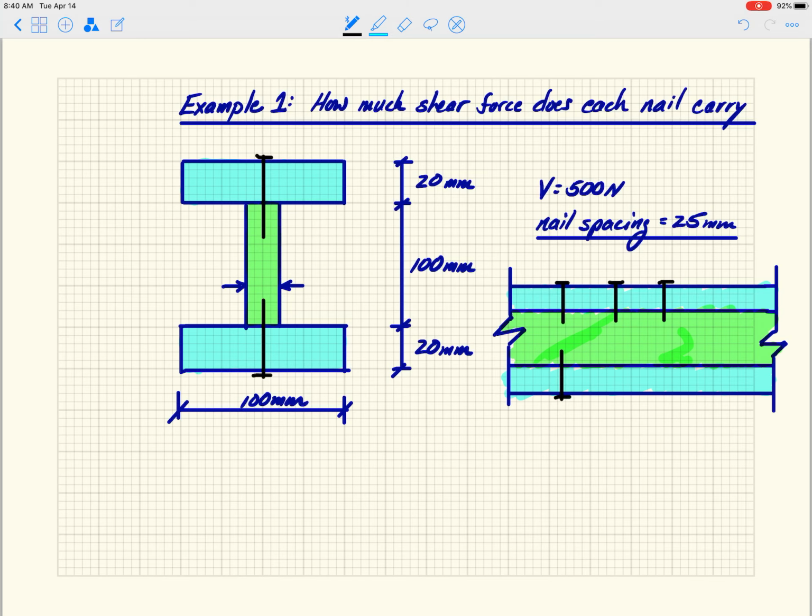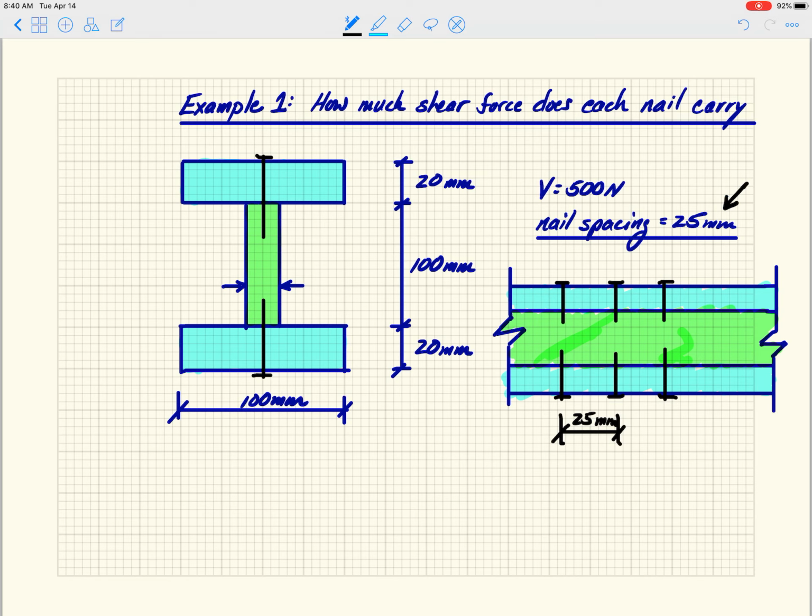I'll draw the ones on the bottom as well. So that spacing there is 25 millimeters. So that's what this 25 millimeter refers to.